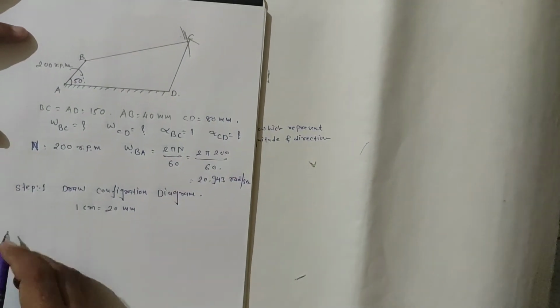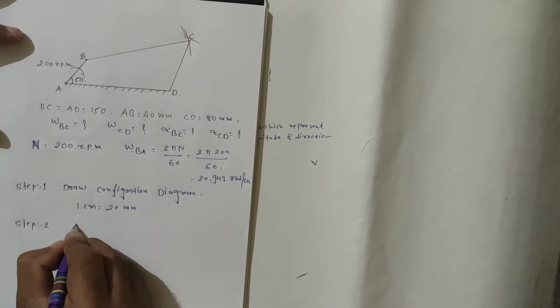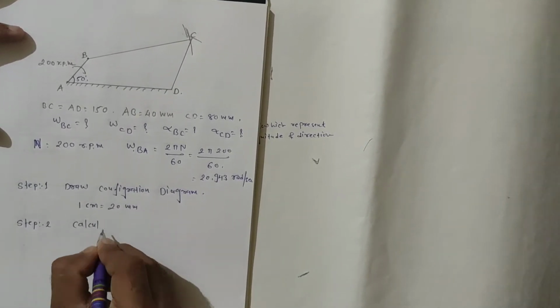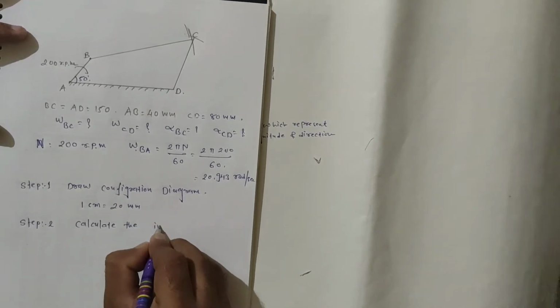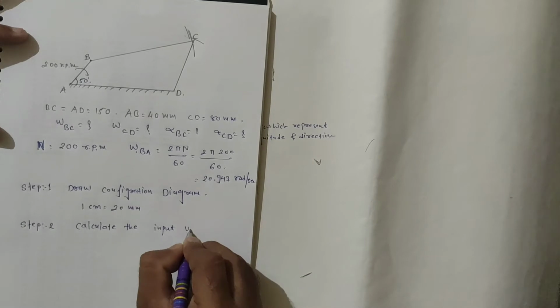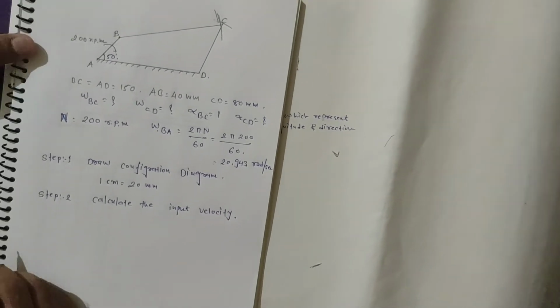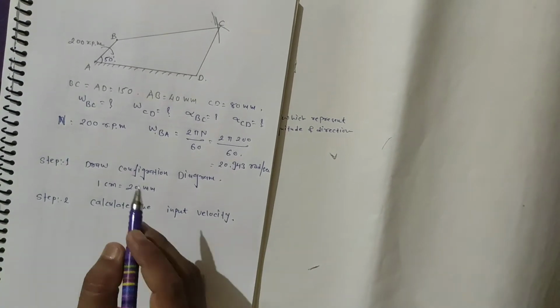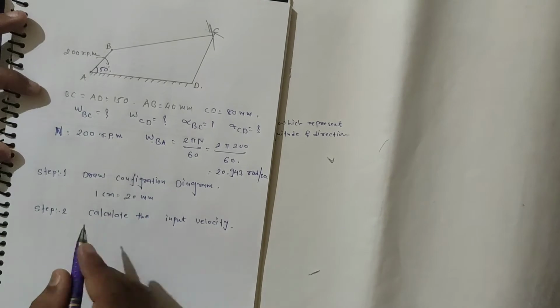Now the second step: calculate the input velocity. The input velocity is from whatever angular velocity is given, we have to use it.